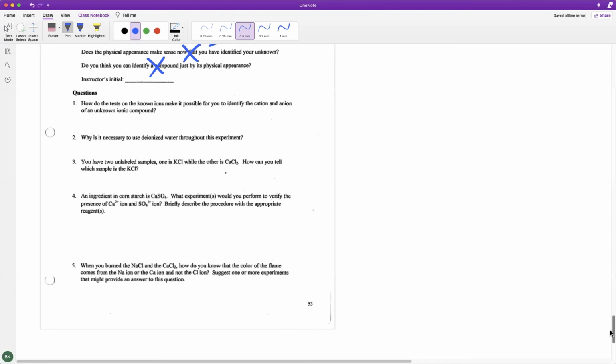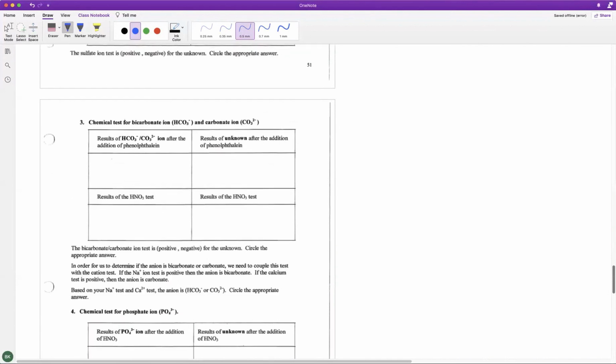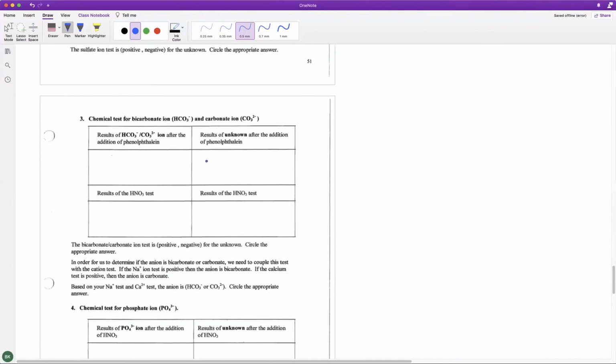So again, you're going to listen to this video, take notes, and then you're going to watch this lecture. Then you're going to watch the videos. They're both about 10 minutes long. The first video is for the cation portion of the experiment. The second video is for the anion portion of the experiment. And when you do those experiments, what I'm looking for in this lab is that these boxes are filled out with some good observations.